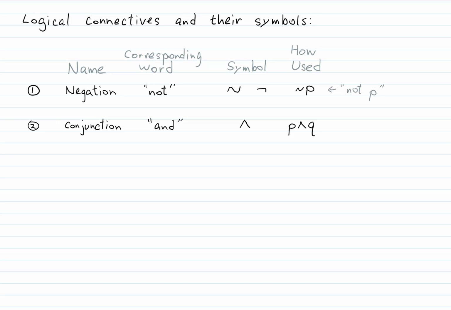If you use a conjunction to connect two statements, then you get a new statement, which is called a compound statement. If you use a conjunction to connect two statement variables, then you get a statement form. And the way you would read it is P and Q.